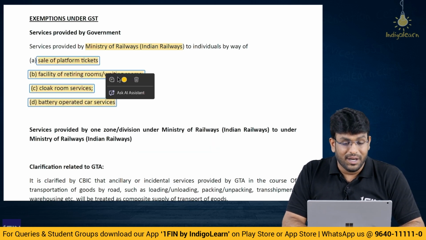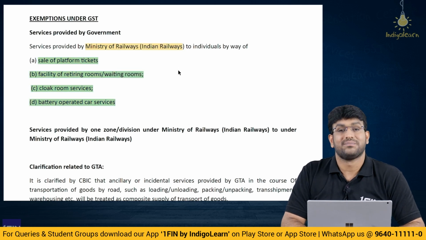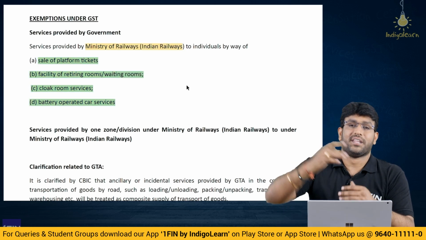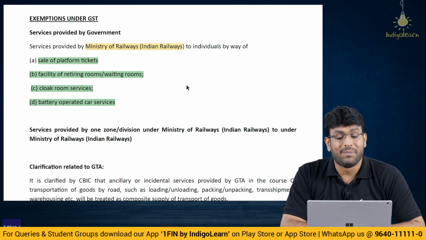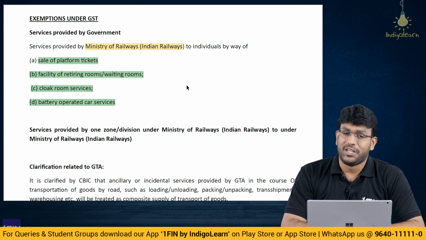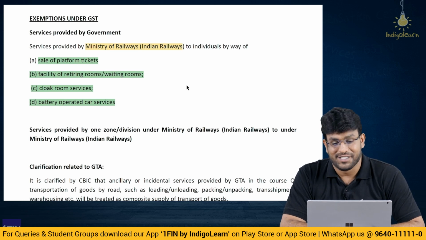This has become very common in a lot of railway stations where they are giving service of battery operated cars for moving from one platform to another platform, and they are charging some consideration. On that consideration, GST will not apply because it is exempt. Service provided by Indian Railways to individuals by way of sale of platform tickets, facility of retiring rooms or waiting rooms, clock room services, battery operated car services.